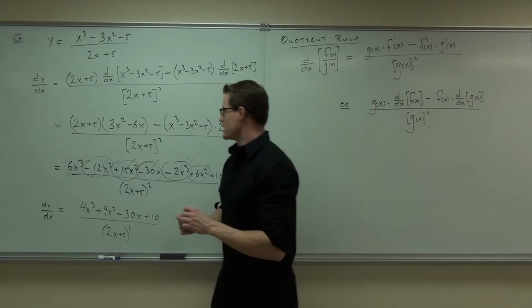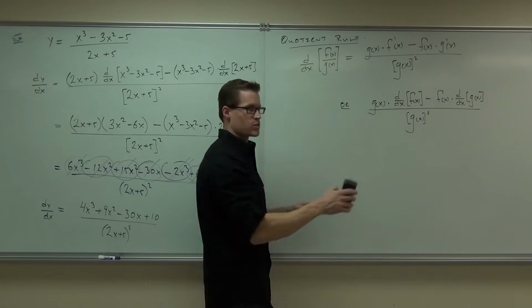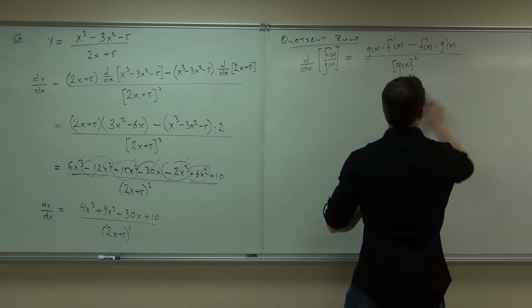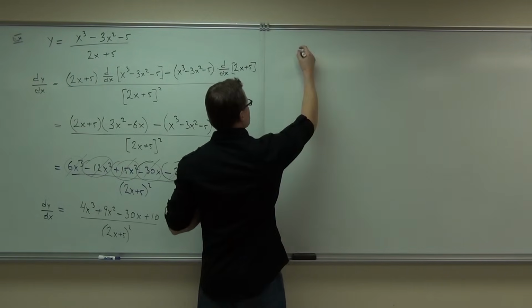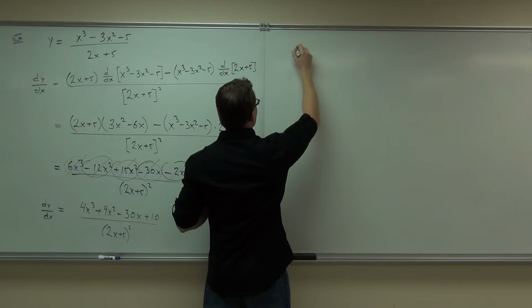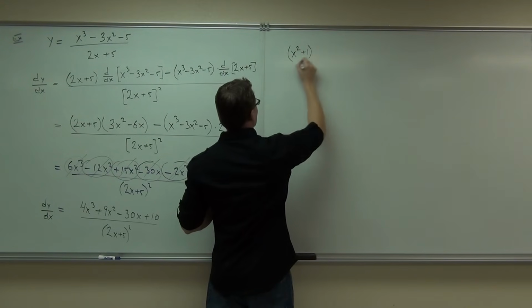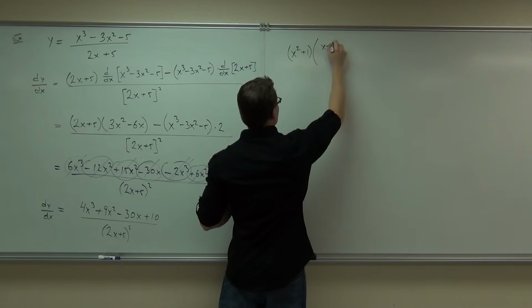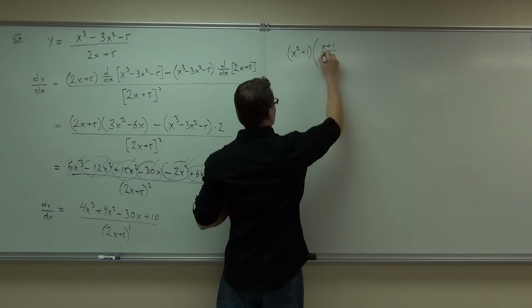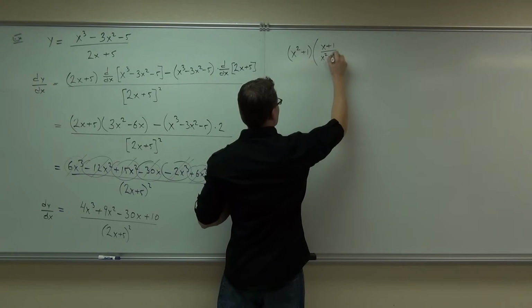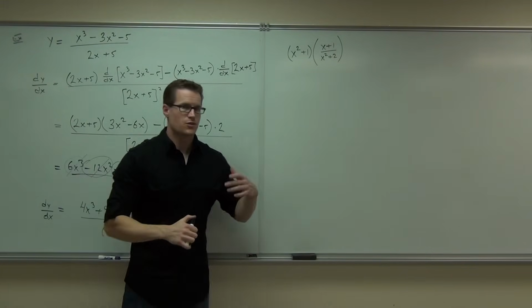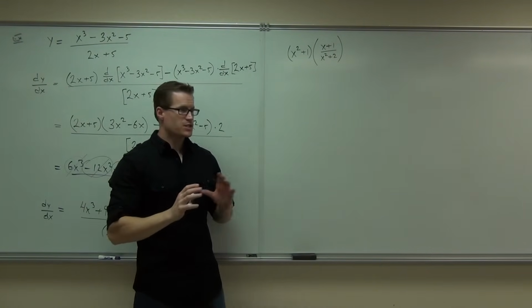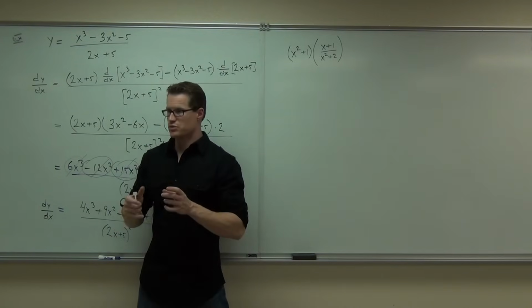For instance, if I do a problem like this one, I'm not going to do this for you, I just want to give you a heads up. If I ask you to find the derivative of that, do you see how firstly there is a product rule?